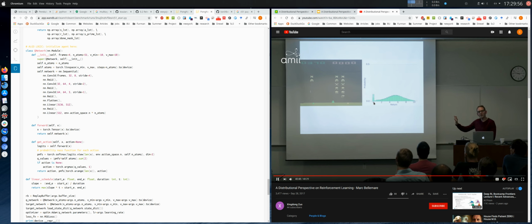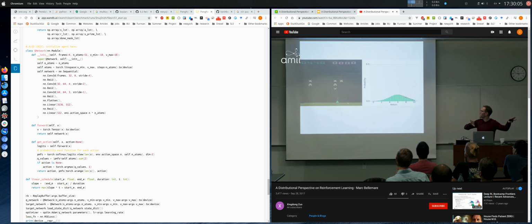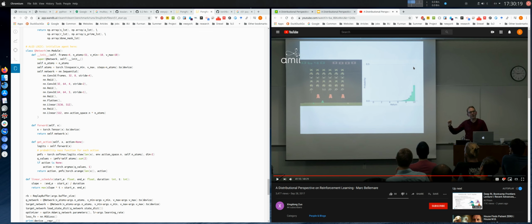Then you see there is a probability of getting 0 return, which means you lose the game very quickly. So even though they use a range from 0 to 10, it seems to be working for all of the games essentially. Okay, very interesting visualization.